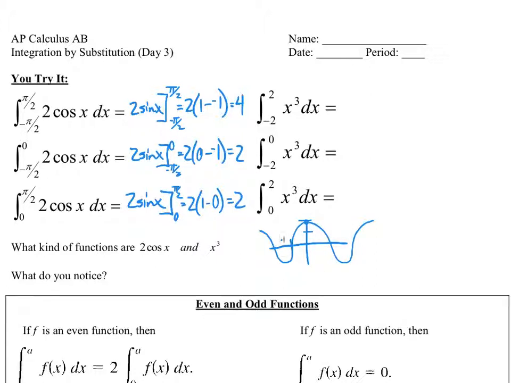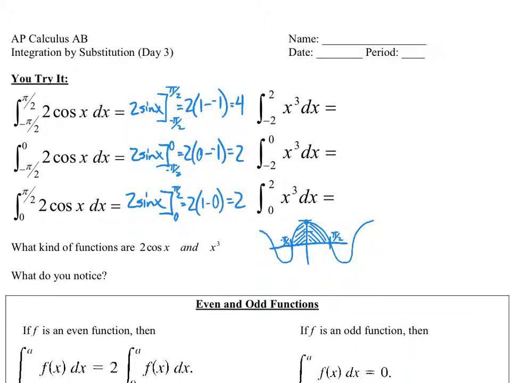There is symmetry across the y-axis. Do you guys remember the term for functions that were symmetrical across the y-axis? Yeah, those are even functions. Okay. Those are even functions.